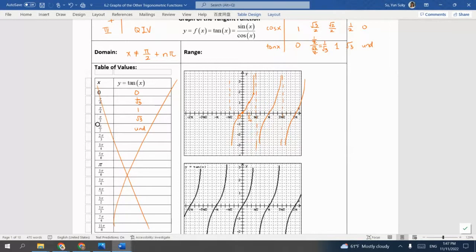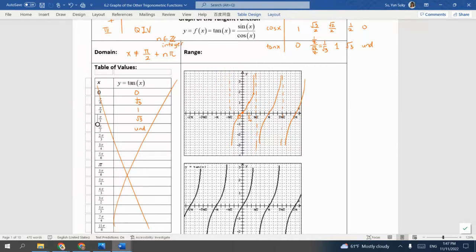Because it cannot be pi over 2, it cannot be negative pi over 2, it cannot be 3 pi over 2. So it's pi over 2 plus n times pi, where n is an integer. Are you okay with this notation? n is in the set of integers. Yes? That means n is an integer.